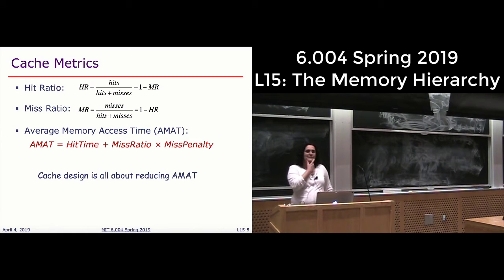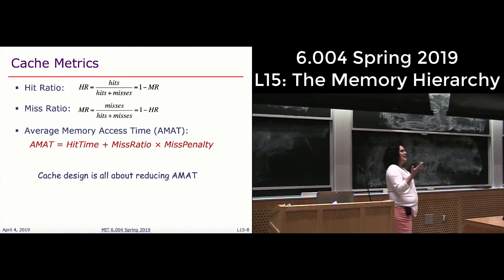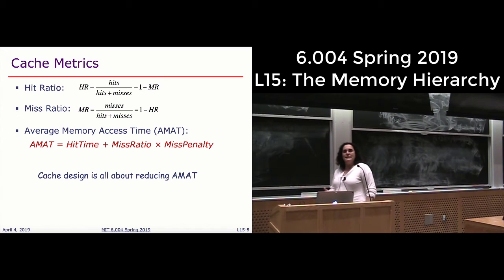What these hit rates and miss rates allow us to define is an average memory access time. What we're interested in is, on average, how long it takes us to access our memory. If we find the piece of data we're looking for in our cache, all we pay in time is the hit time.